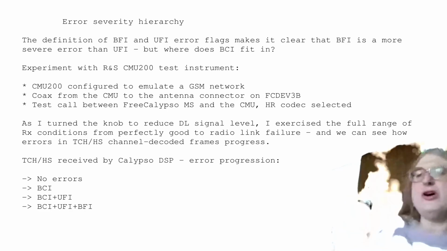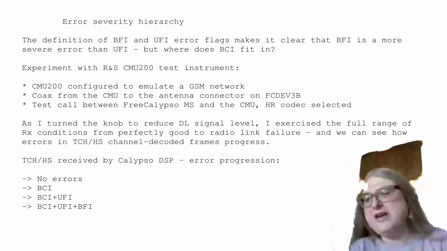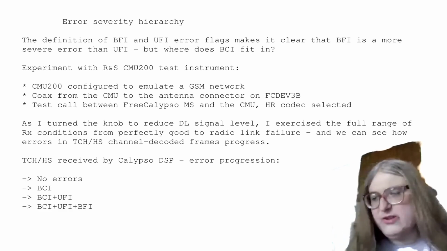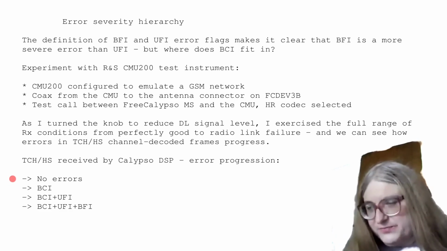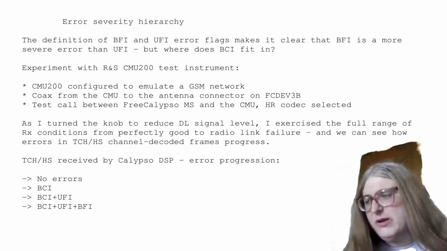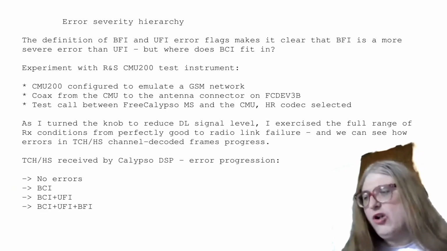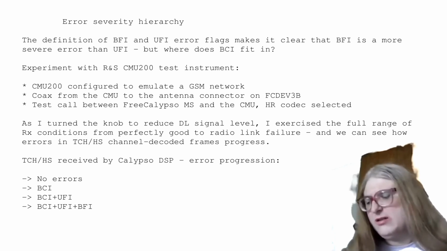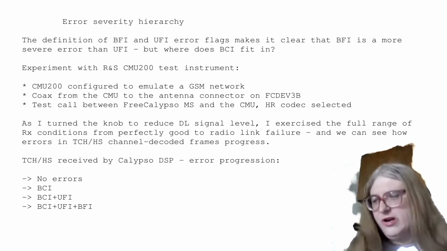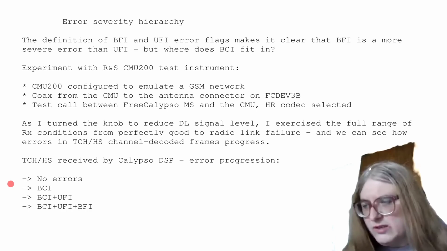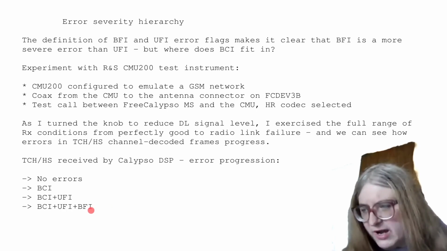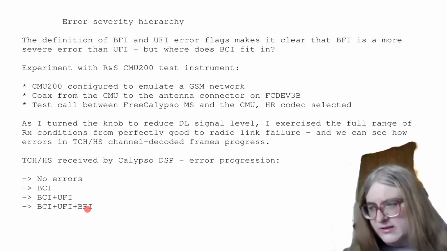That's how we know that BCI is the least severe of the three errors, because one observation I immediately made about the Calypso DSP is that it will always set the more severe and the less severe error flags. So if BFI is set, then the other two will also be set.